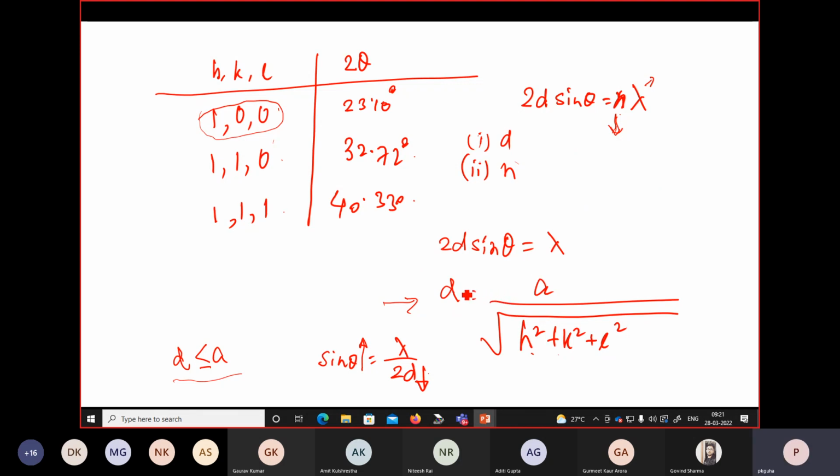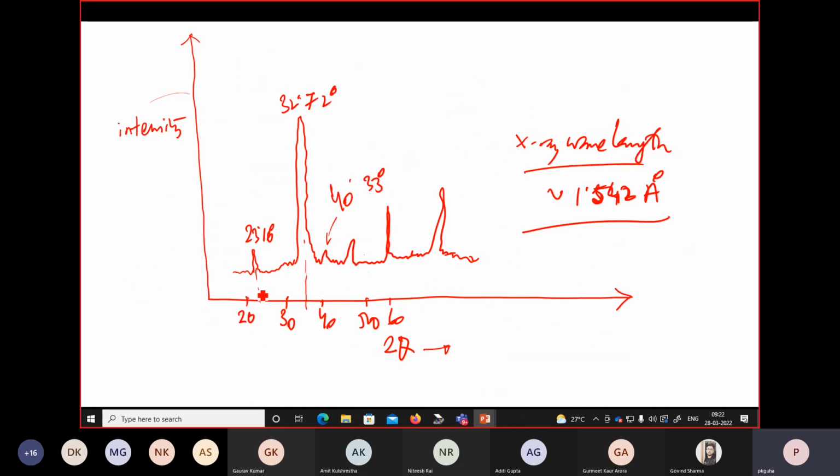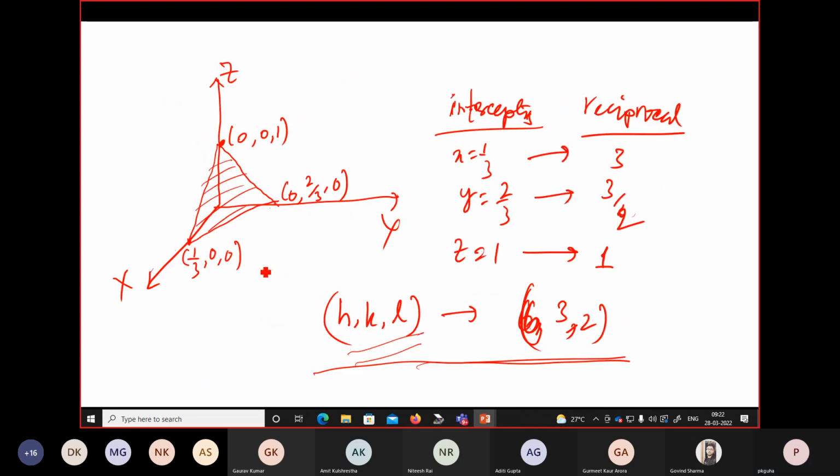Now we can interpret the first peak, which is appearing for the smallest angle, because that is the highest value of d. This is 23.16, the first peak, the highest value of d, because it occurs for the lowest value of theta. And that corresponds to a.